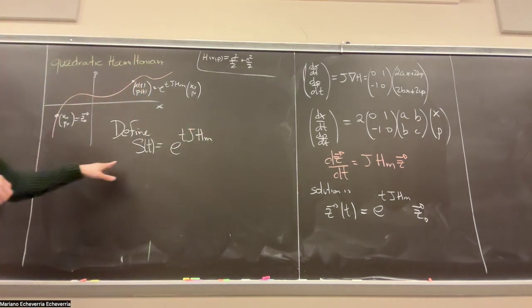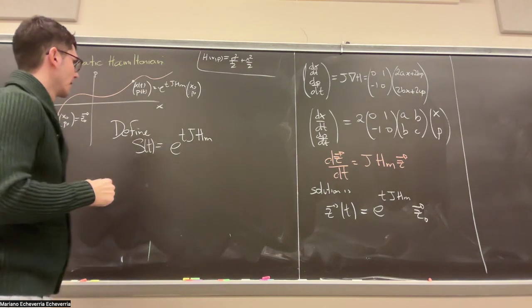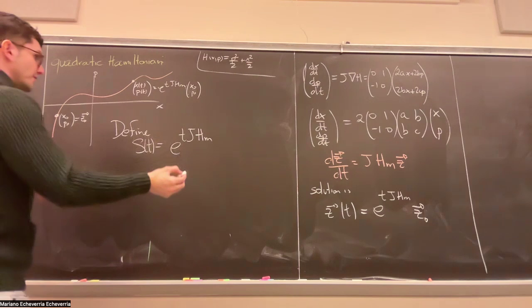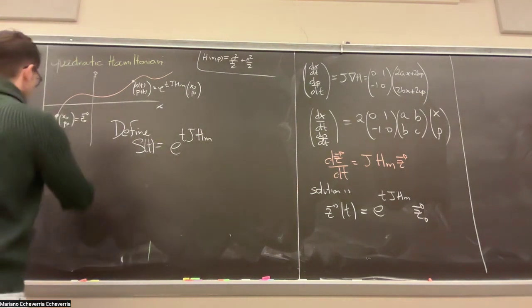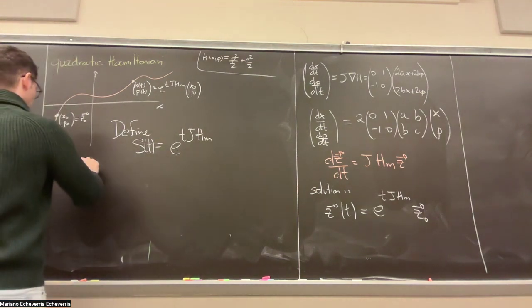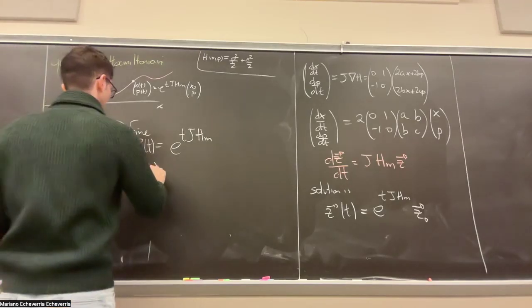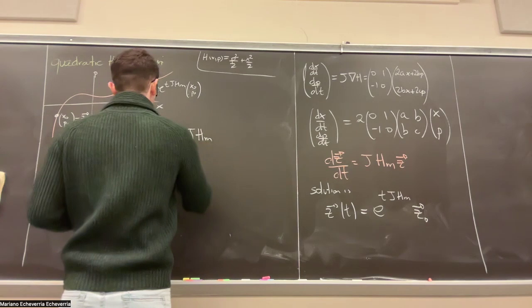Okay, so this is a matrix that depends on time, right? So what I'm claiming is that for any real number t, S of t is symplectic.